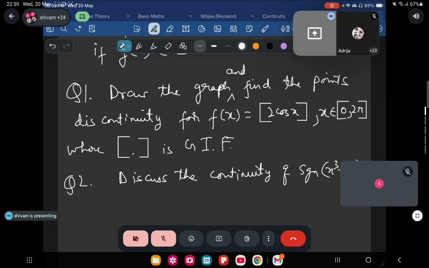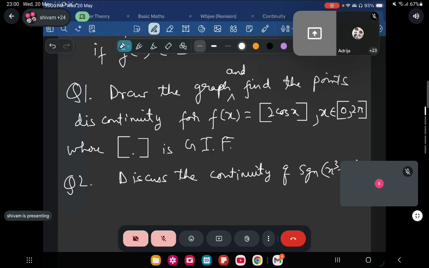Okay, Rishabh also making some mistake. Also draw the graph. Sir, in both the graph and the points of discontinuity. Graph, you're almost correct. There is one slight mistake.